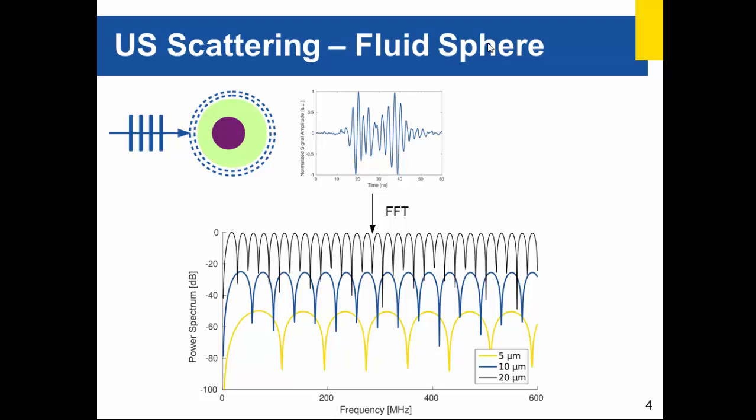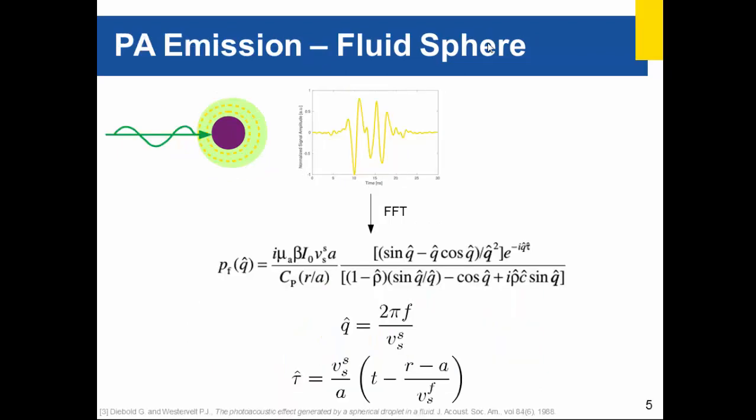For example, here the 20 micrometer scatterer's frequency spectrum has maxima and minima that are very narrowly distributed, while for a smaller size object, they are wide. So the distance between adjacent maxima and minima is smaller in the case of larger diameter scatterers.